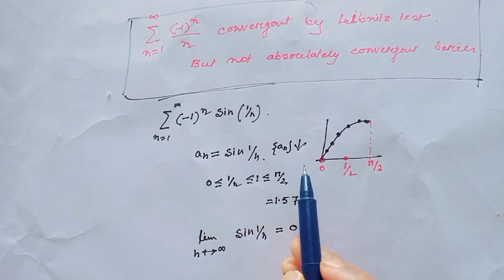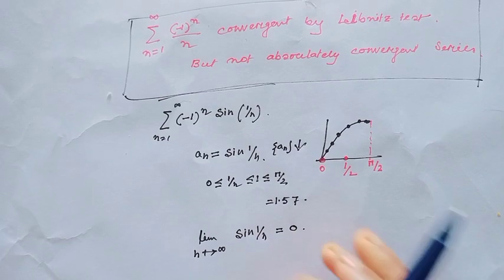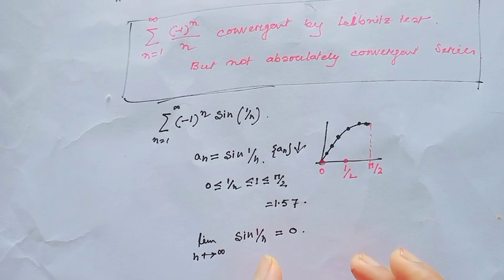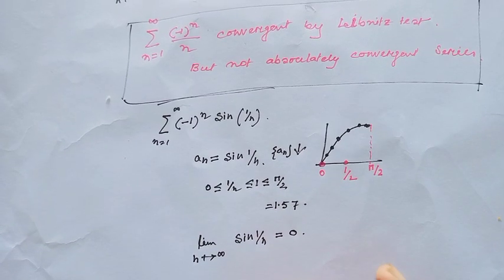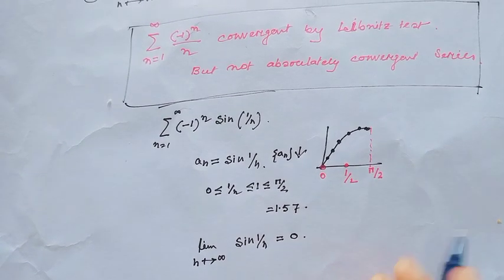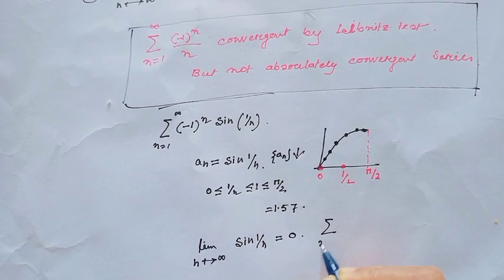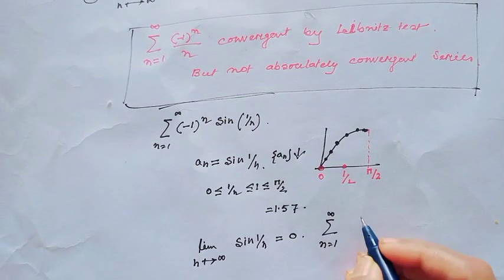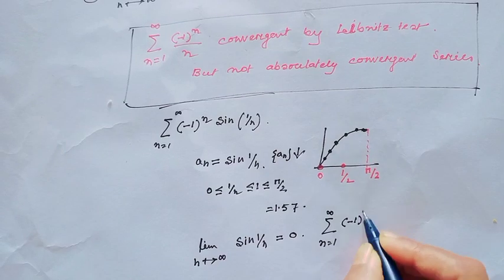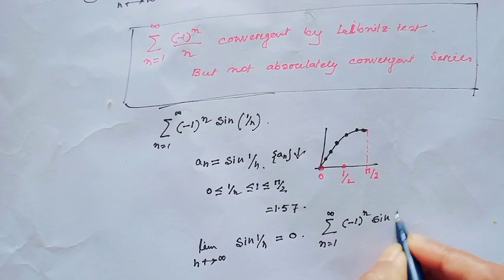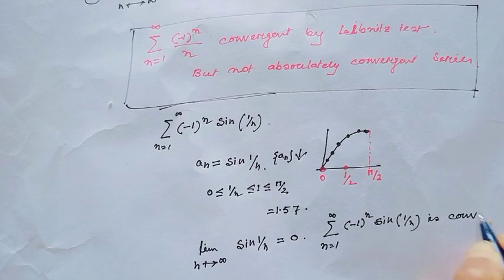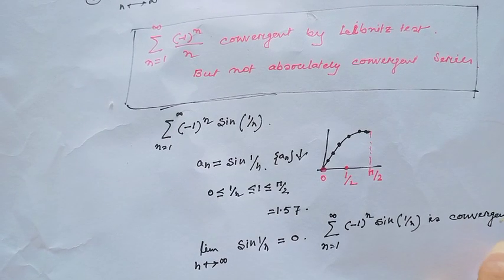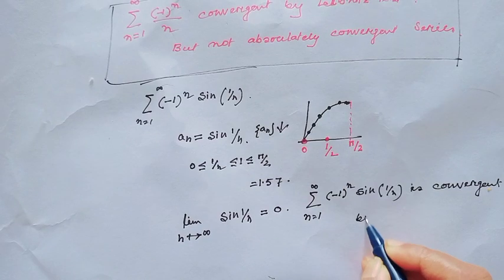Since the sequence an is decreasing and the limit of an equals 0, by the Leibniz test we can tell the series sum of minus 1 to the power n sine 1 over n is convergent.